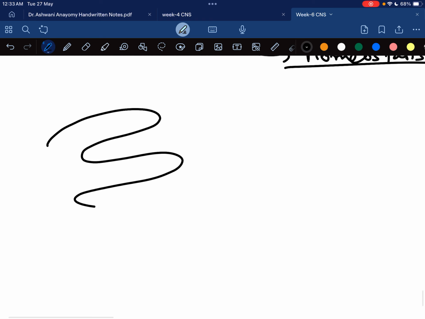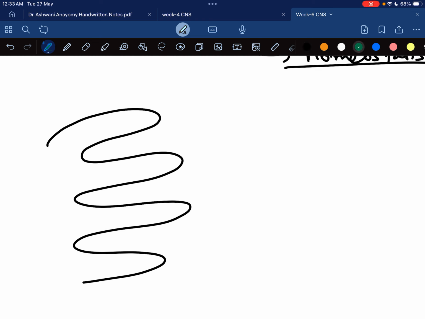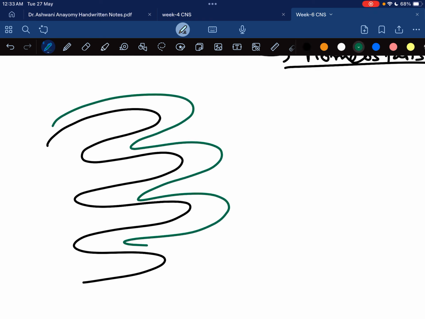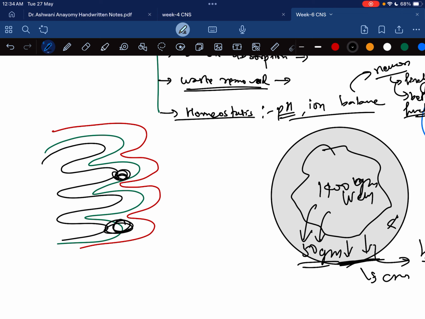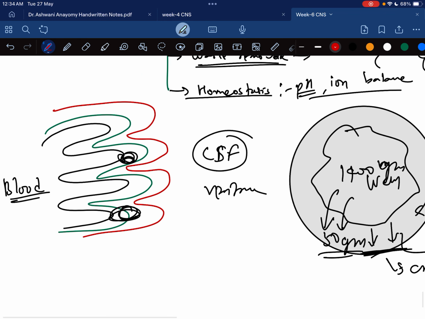This is the blood vessel, blood area, and here is the CSF, like the ventricle. This barrier is not permeable to anything; it is permeable only to water and some proteins.